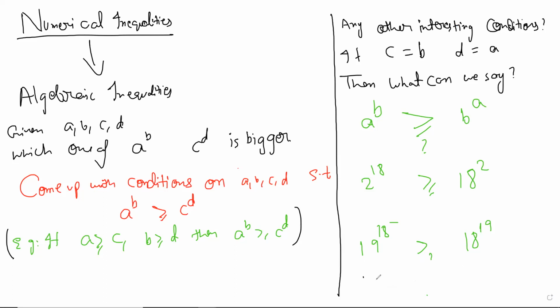So if we do the 18th root, then we get 19 by 18. But it comes down to the same kind of thing, 1 plus 1 by 18. So maybe that method will also work, but what can we say? It's tough to say anything. So 1 by 18, can you approximate?